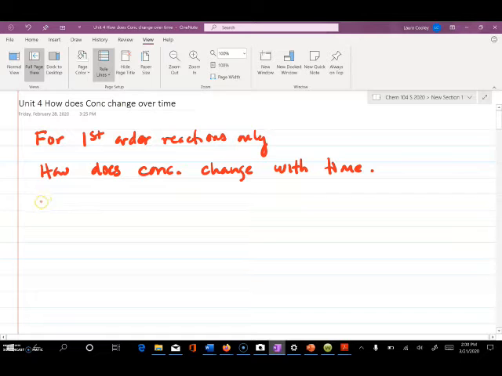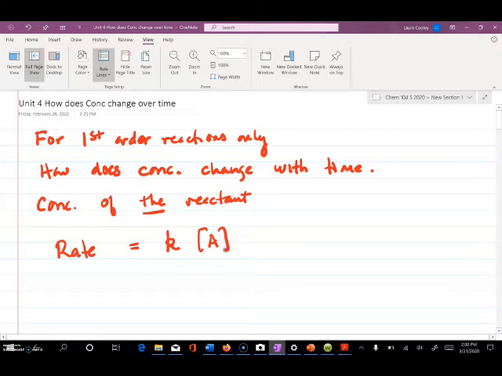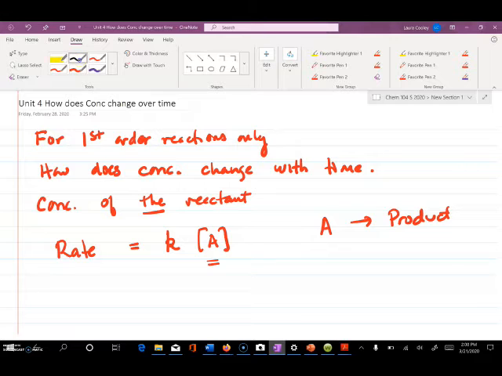And I'm really going to be talking about the concentration of the reactant. I say the reactant because if you remember, this is what first order is. The rate law for a first order reaction is that the rate is simply proportional to the concentration of reactant. So it's really like you have A, the reactant A, going and forming products. Okay? So that's what we're going to be looking at here.